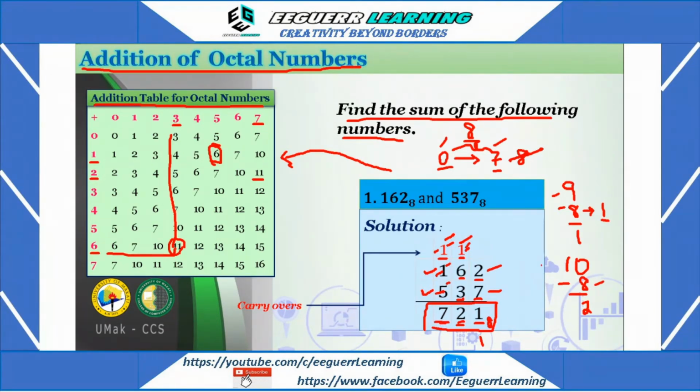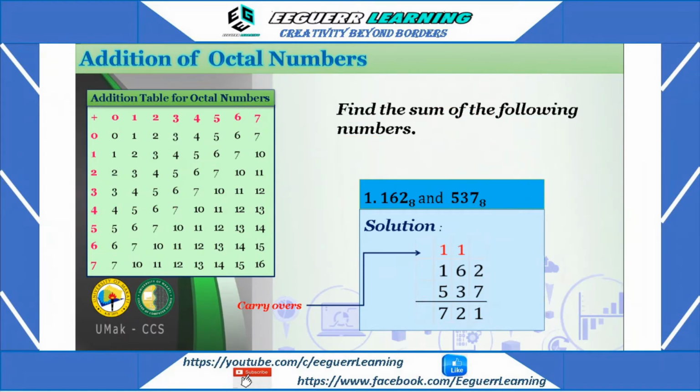Okay, so using this method here, the method without looking at the table will surely make you better in solving this octal addition. But if you are allowed to use the table, it is much easier. Okay, so that's how to solve without a table and with a table for the octal numbers addition.